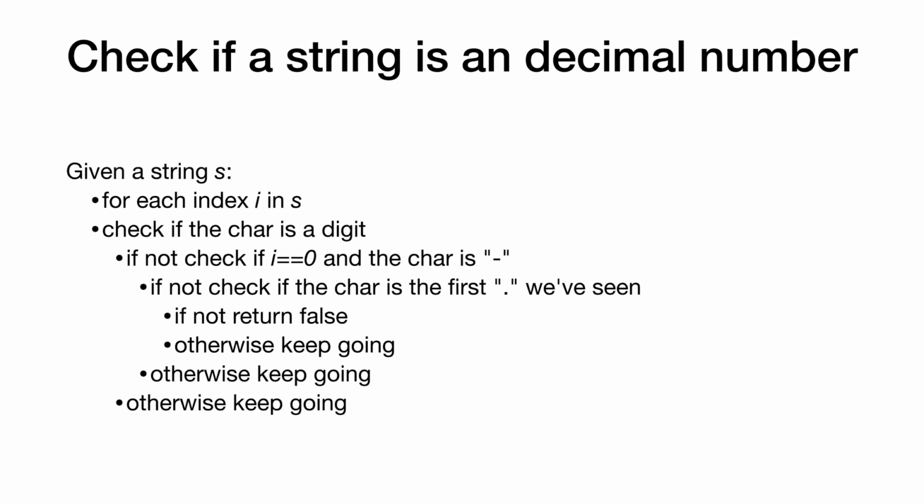So we're going to go through and check if the character is a digit, we're going to keep going. If its index is 0 and it's a negative, we're going to keep going. If the character is the first period we've seen, we're going to keep going. If all of those are false, then we're going to return false, and it's not a decimal number.